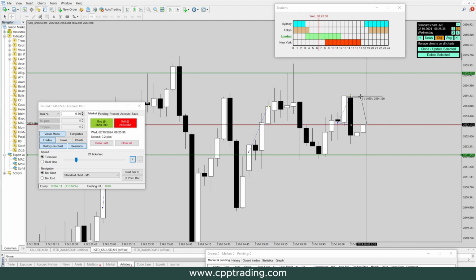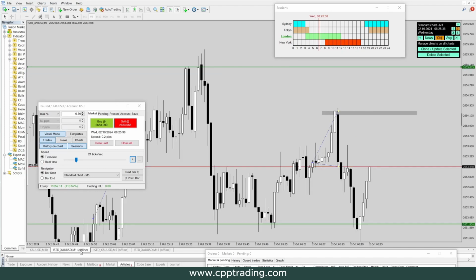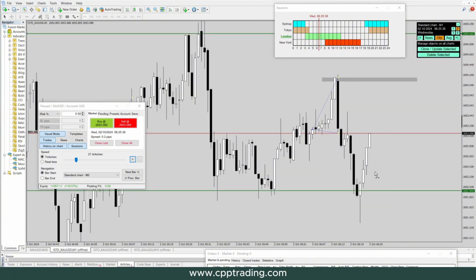For a scalp, this would be okay. We would like to see a lower wick. This candle does not have a lower wick, so technically our stop would have to go below the low of the current candle. Let's look on the 1 minute.